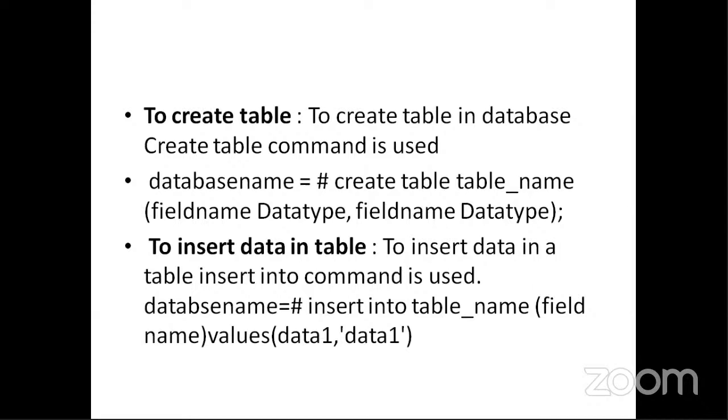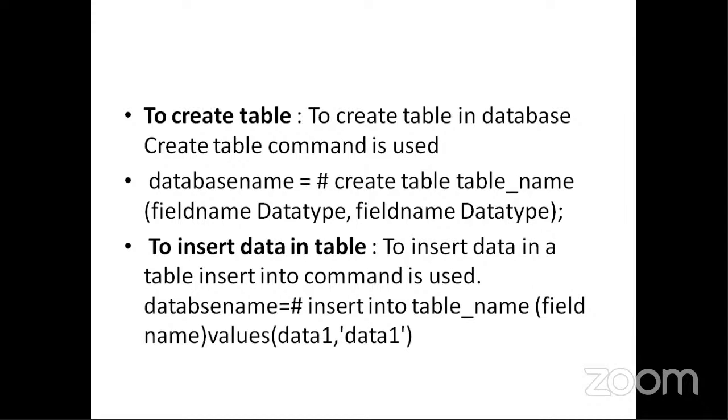When we have to create a table, we use the command create table, then the table name. Here we can take the example, table name as 11, field name, then data type, and field name, data type. We have seen in the last lecture how to create the database, then how to connect to the database, then how to create the table.